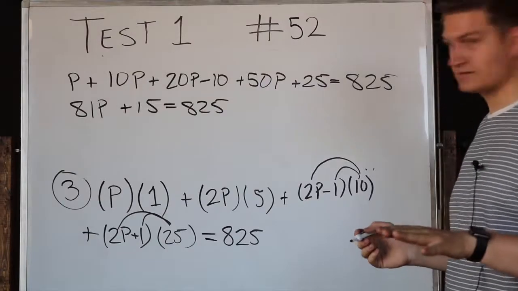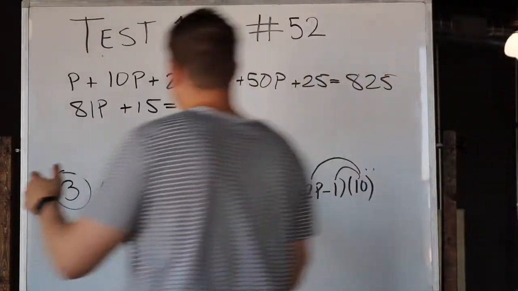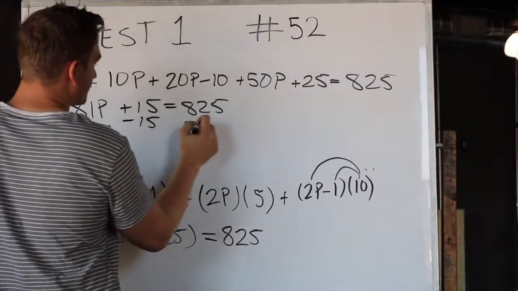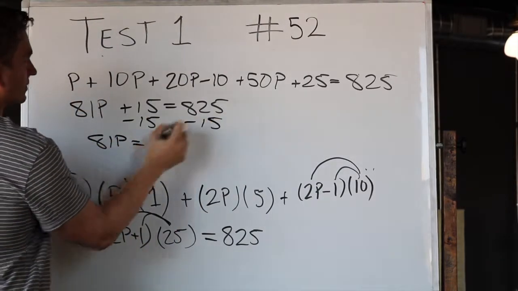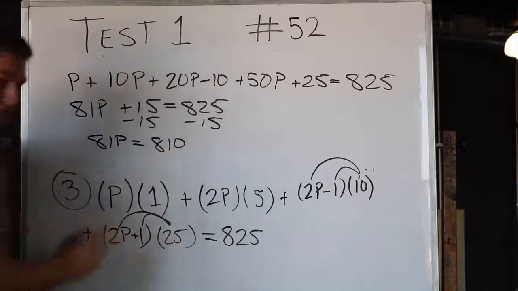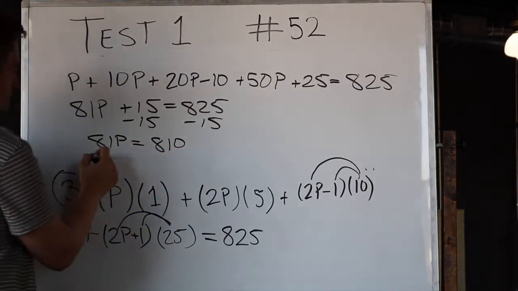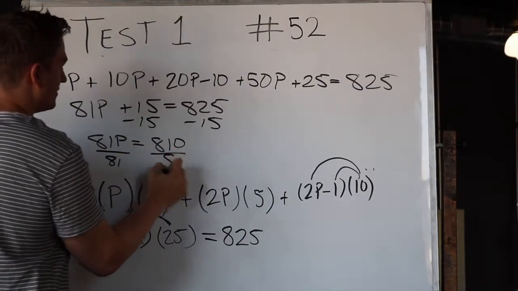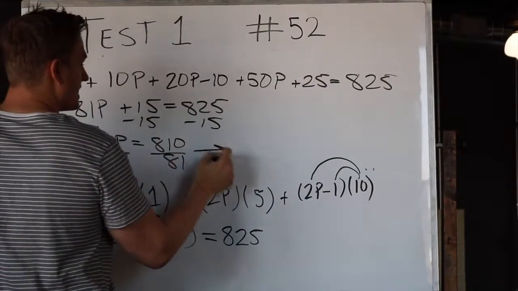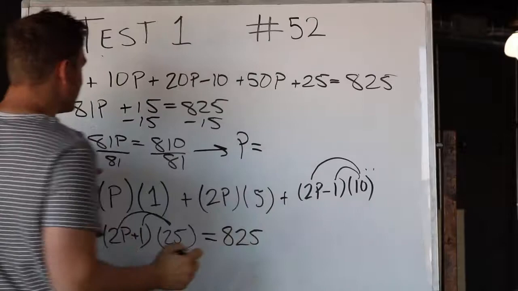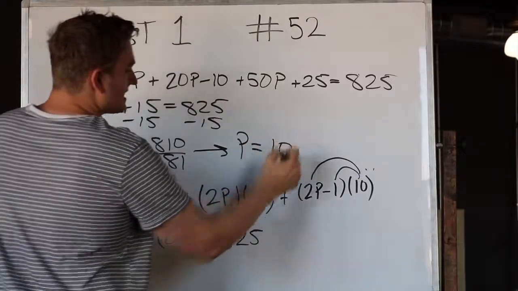Stay with me here. Next step, we subtract 15 from both sides, and you get 81P equals 810. Now we want to solve for P, so we'll divide both sides by 81. And that gives us that P is equal to 10.